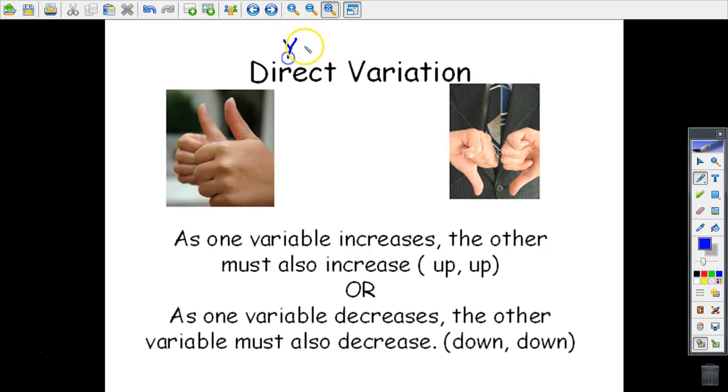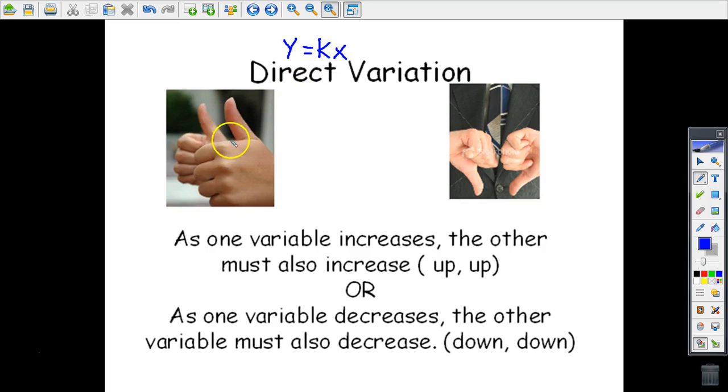And direct variation in equation form is y equals some constant we called k times x. The idea behind direct variation, as you can see in my pictures, is that as one quantity, in this case x, becomes bigger, since we're multiplying by a constant, not zero, that means that y is also going to become bigger by that multiple.